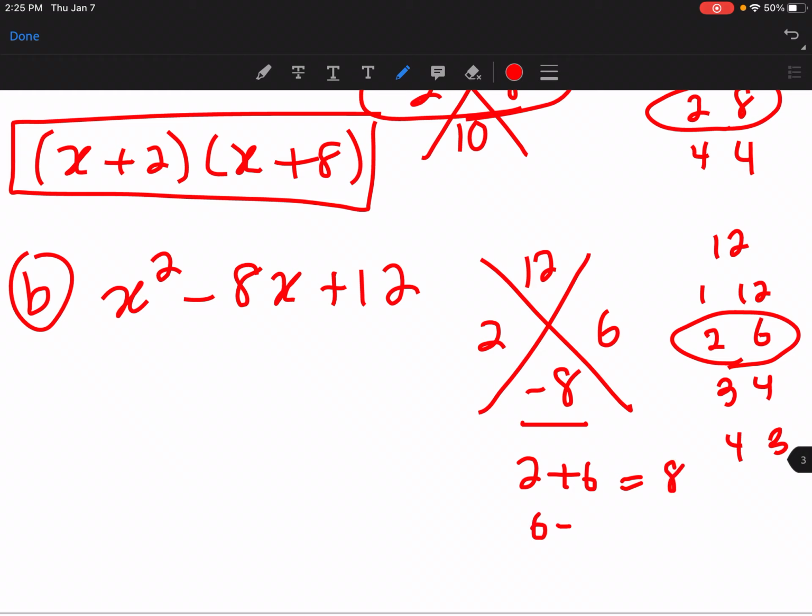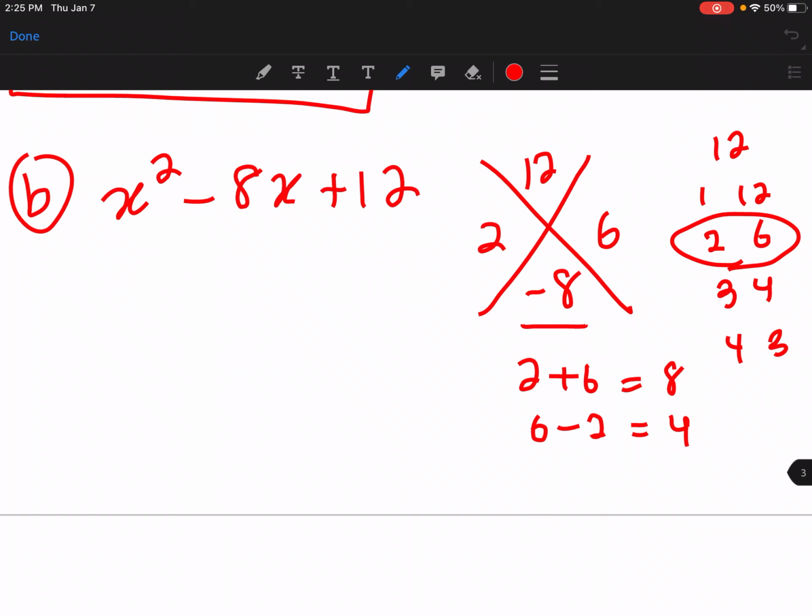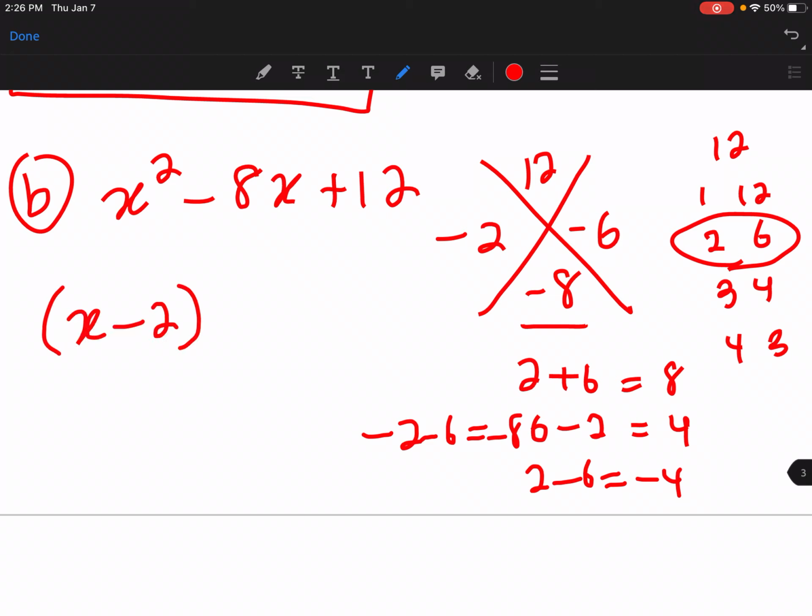If I do 6 minus 2, that gives me a 4, so that wouldn't work. If I do 2 minus 6, that's negative 4, so that doesn't work. If I do negative 2 minus 6, that's negative 8. Therefore, both of my answers have to be negative. Negative 2 minus 6 gives me negative 8, and negative 2 times negative 6 gives me 12. So my answer is x minus 2 and x minus 6.